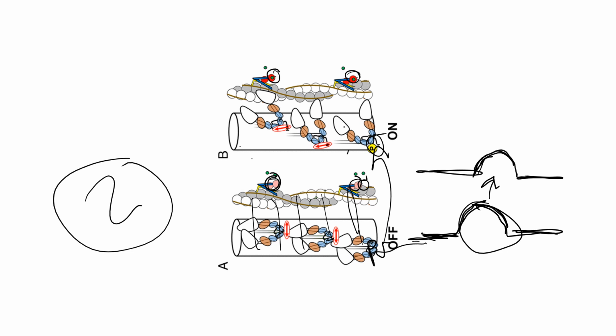This second theory and the first theory kind of go hand in hand. A lot of people that believe the first and the second think both of these things happen. They think that when the myosin light chains are phosphorylated, the myosin heads go from a more parallel to perpendicular position, and that troponin increases its calcium sensitivity.